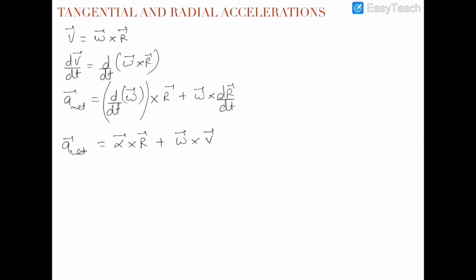Now you can see that there are two accelerations. This is alpha cross r, and hence it is tangential acceleration. And this is the radial acceleration or centripetal acceleration.